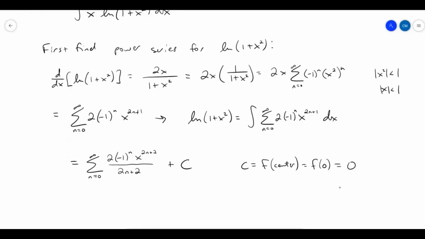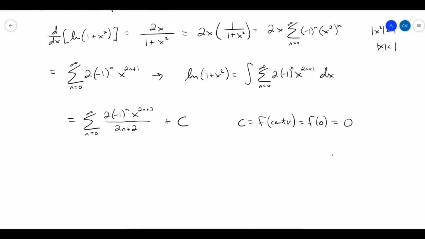So we can just drop that c off of this power series. Then also notice that you can factor a 2 out of the denominator, and then it'll cancel with that 2 in the numerator. So we can do a little simplification and say this is equal to -1 to the n, x to the 2n plus 2 over n plus 1.